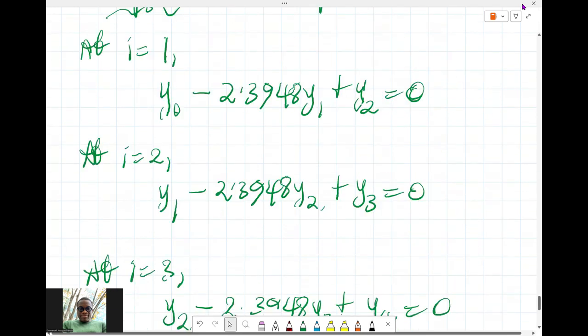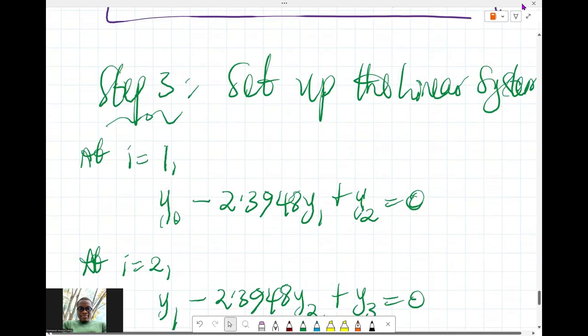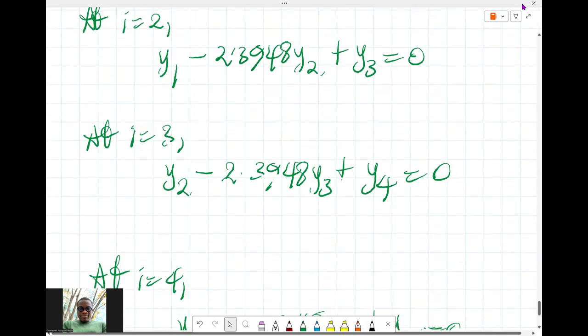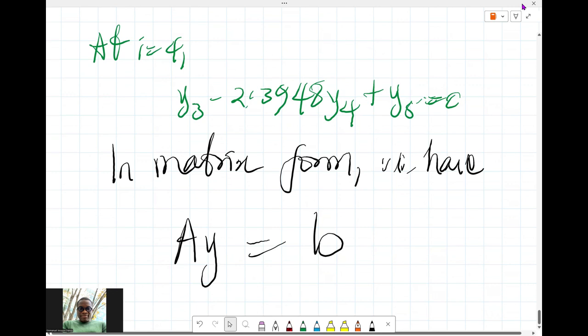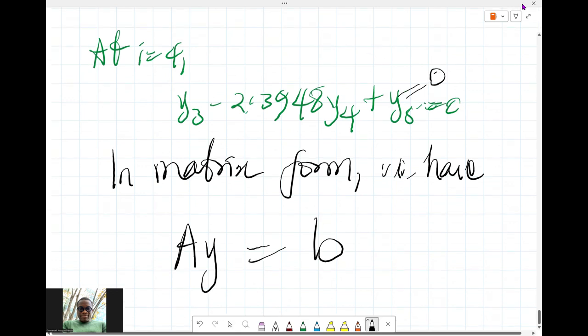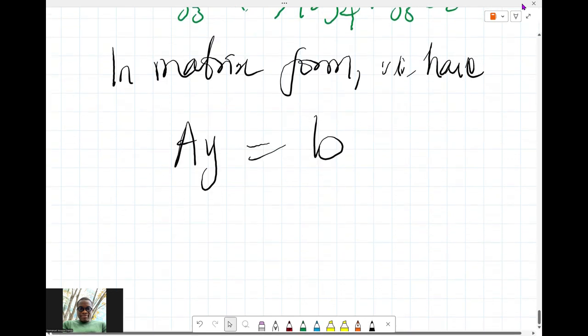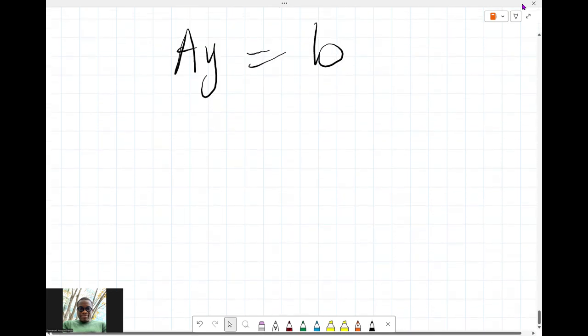That automatically means that y0 is going to be 0, and then y5 is also going to be 0. So at the end of the day, we are left with y1 to y4, and those are the things you're looking for. So the system now is going to be something like this.